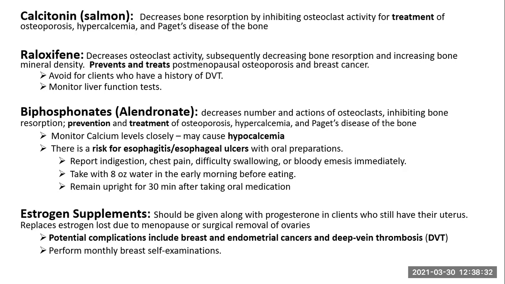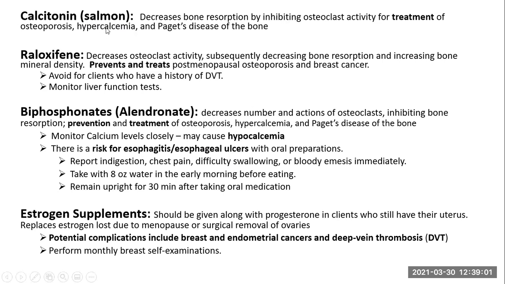Whereas the action of osteoclast, a normal part of bone metabolism, is resorption. So when bone is broken down, calcium is released into the bloodstream. Therefore, we give calcitonin to stop the breakdown of bone, stop that release of calcium, and it will treat hypercalcemia.